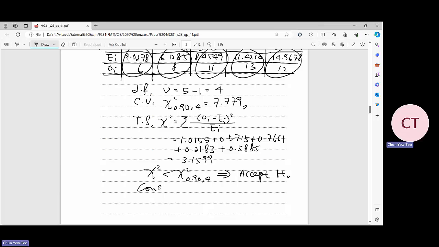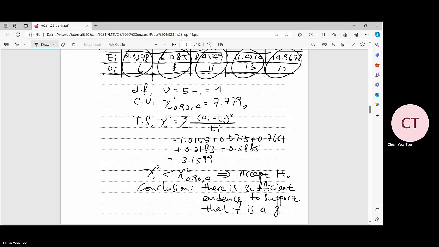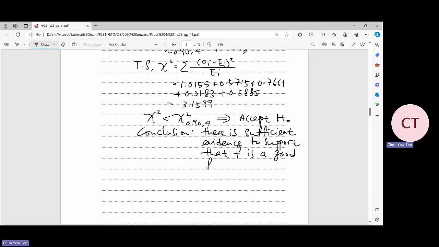Now the conclusion. The conclusion is there is sufficient evidence to support that F is a good fit for the data.